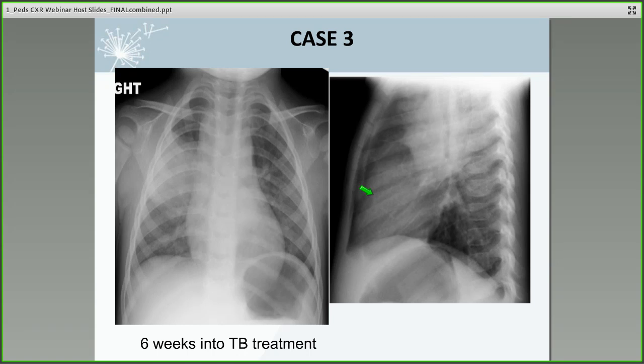Okay, so this is 6 weeks into TB treatment. You see a large consolidation on the right side, very much like the bacterial abscess case that we saw, which is unusual. And then on the lateral projection, I think you see the outline of the consolidation overlapping the hilar region right there.